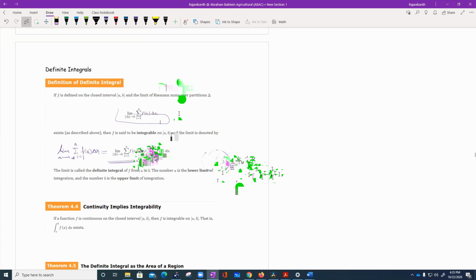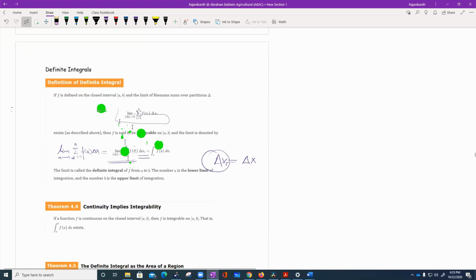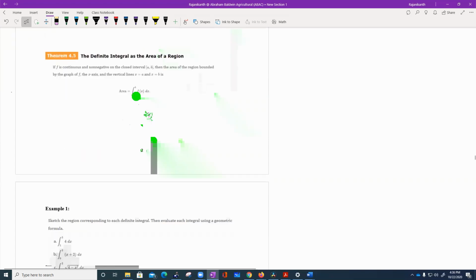So hereafter, the connection is that the Riemann sum is nothing but the area of the curve, the antiderivative of f(x) from a to b. Now we have this result.